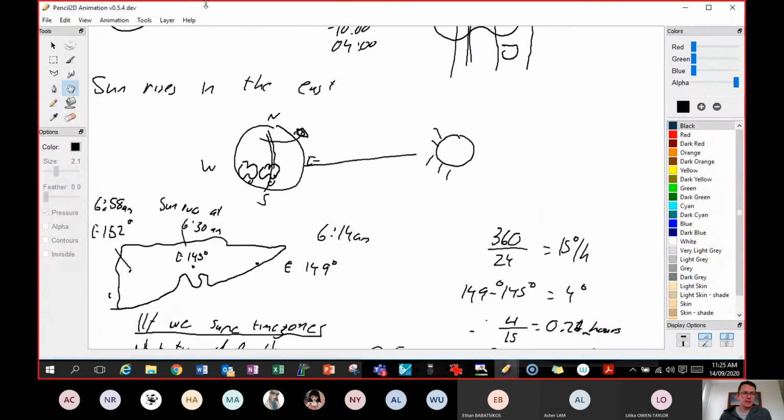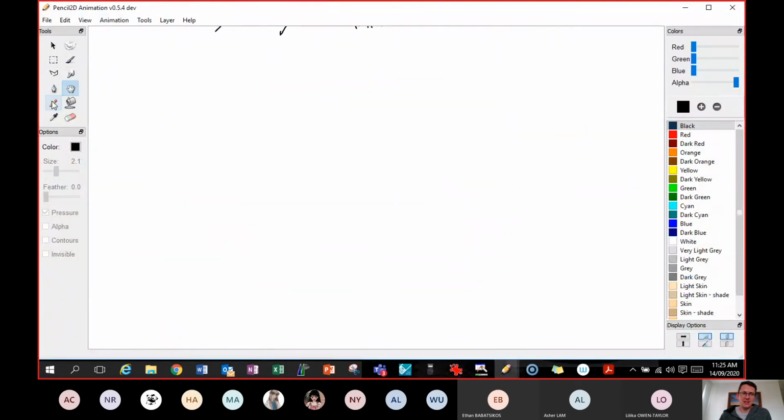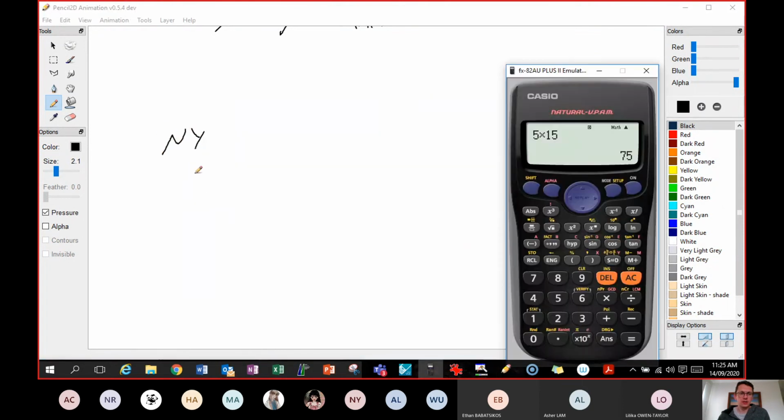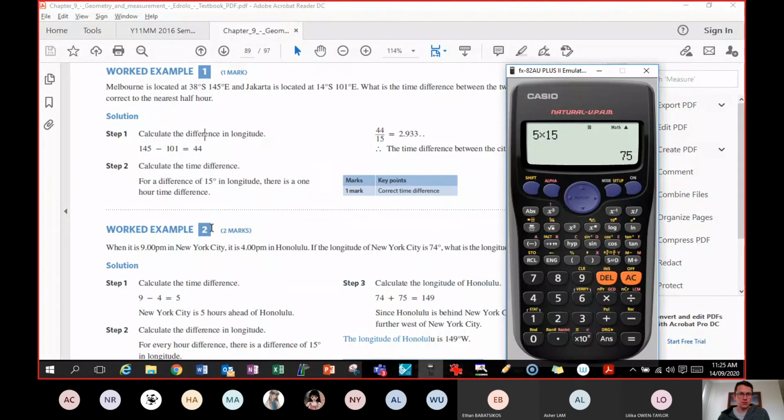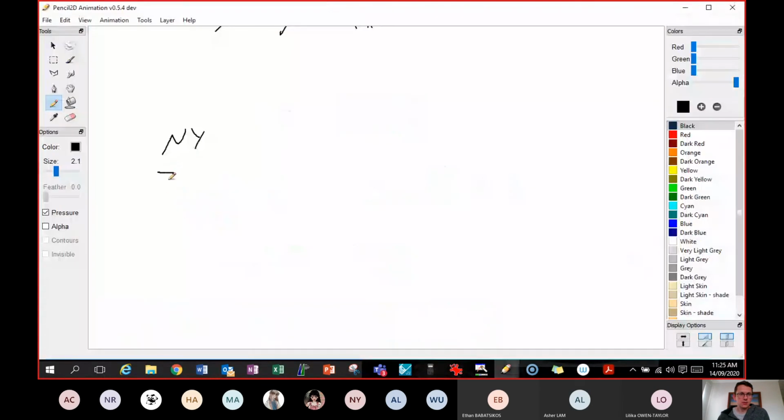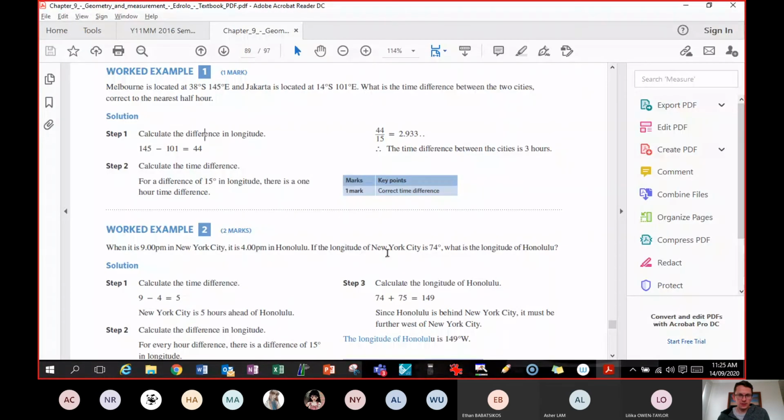Now, the trick here is to work out whether I add it on or take it away from the longitude. New York is 74 degrees. They don't say east or west. They should. And Honolulu, what is Honolulu?